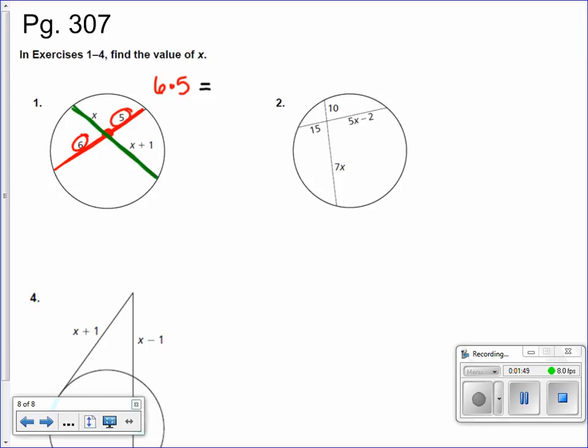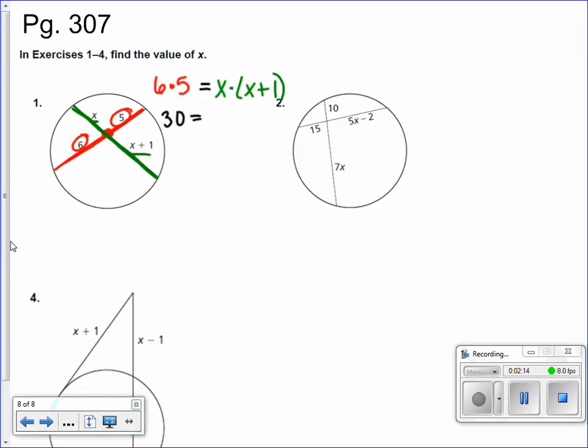Okay, x and x plus 1. So we take x times x plus 1. On the left, 6 times 5 is 30.